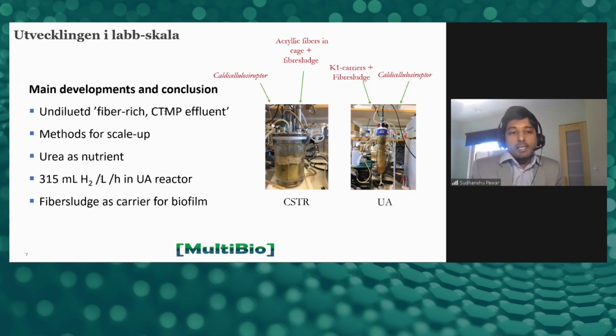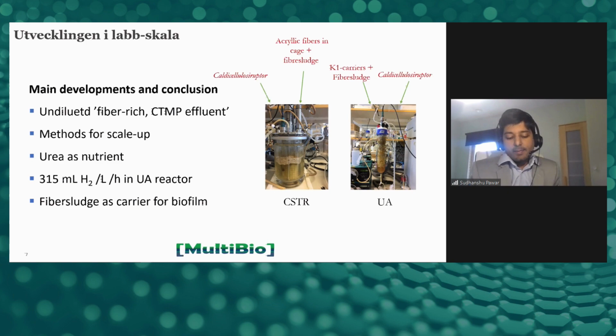To go quickly to the main developments and conclusions, we found that only one of the streams, the fiber-rich CTMP effluent stream, could be used in our process without any dilution needed. The microbes, the bacteria, were compatible with that water, and so we got encouraging results, and we also managed to do experiments in an industrially relevant reactor, a UA reactor, with a good productivity of hydrogen.